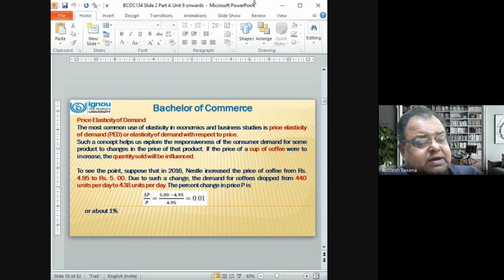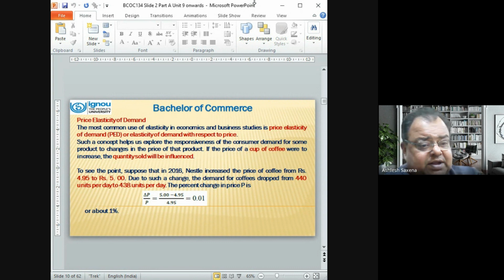Price elasticity of demand, that is PED. Such a concept helps us to explore the responsiveness of consumer demand for some product to a change in the price of the product. If the price of a cup of coffee were to increase, the quantity sold will be influenced.